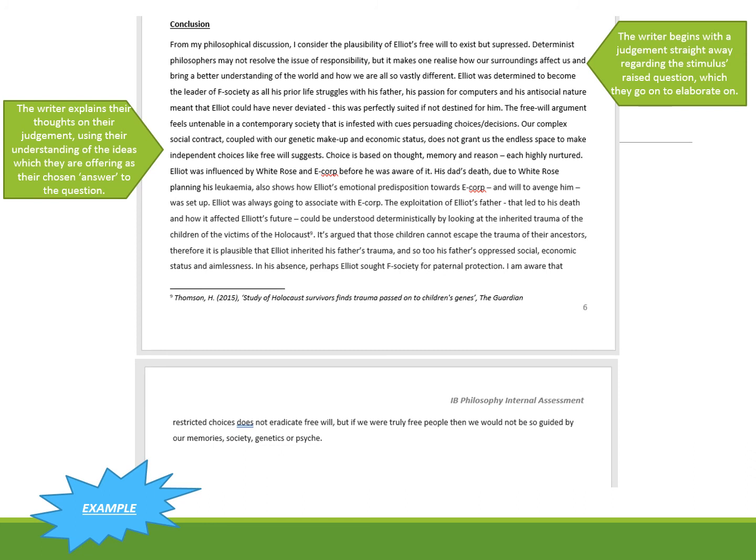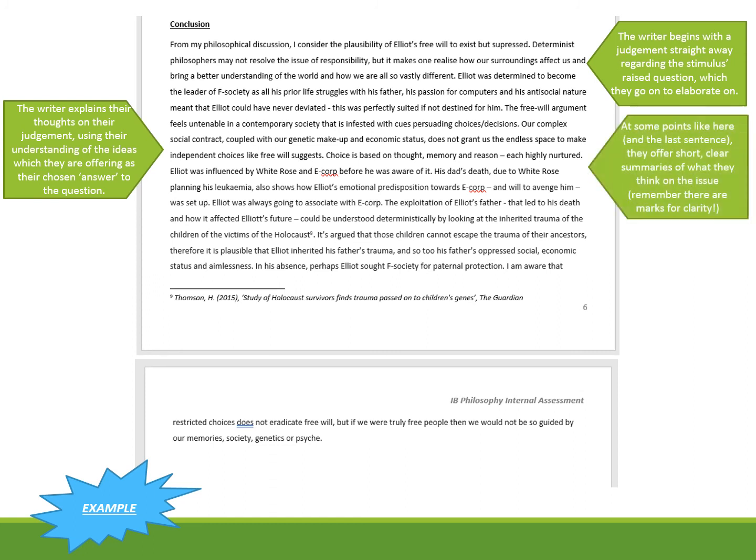The writer explains their thoughts on their judgments using the understanding of the ideas which they are offering as their chosen answer to the question. So they're not just giving their sort of shallow thoughts, they're actually giving the reader a good understanding of what they think and why they think it, what the reasons are, and making it clear to the reader what their judgments are.